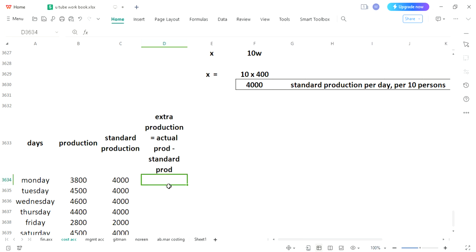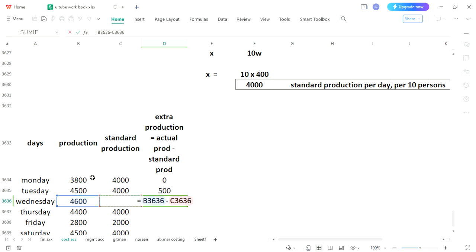First, on Monday they have produced 3800 while standard was 4000. So no extra production was made. Why? Standard was 4000 and they have produced less than standard. On the next day, 4500 units were produced while standard was 4000. Yes, 500 extra units they have produced. On Wednesday, 4600 produced, 4000 was target.